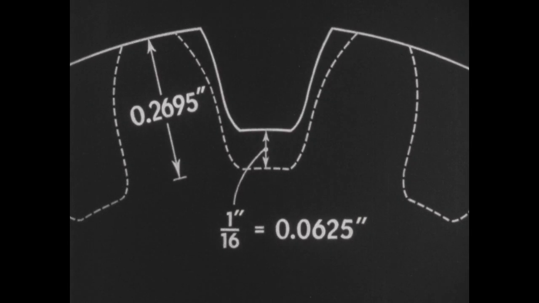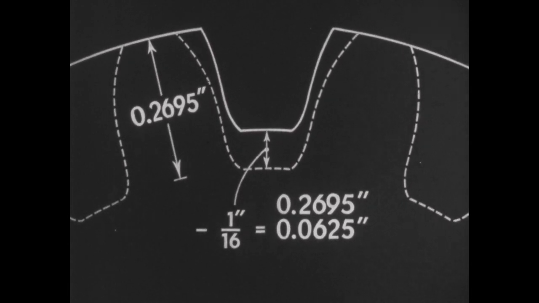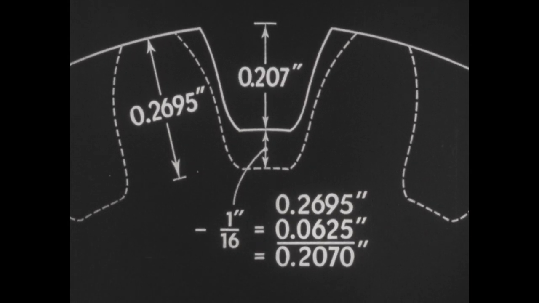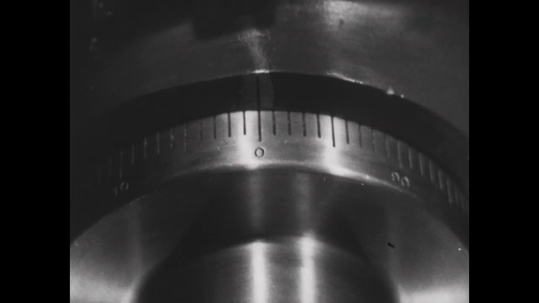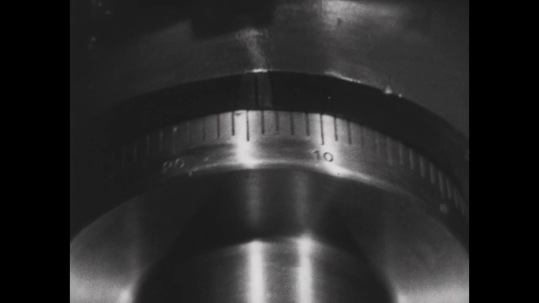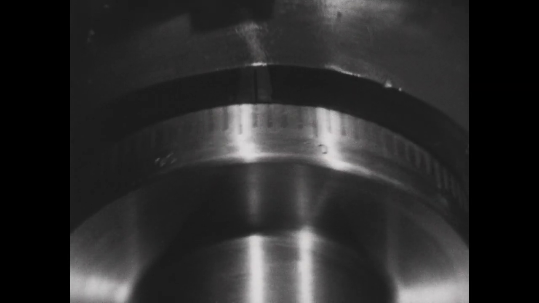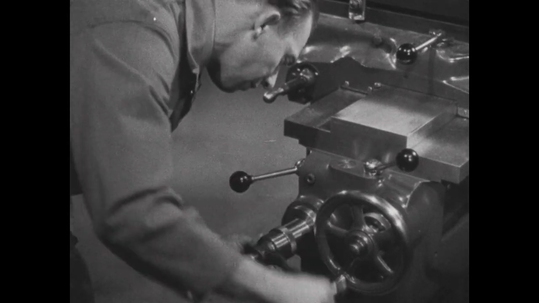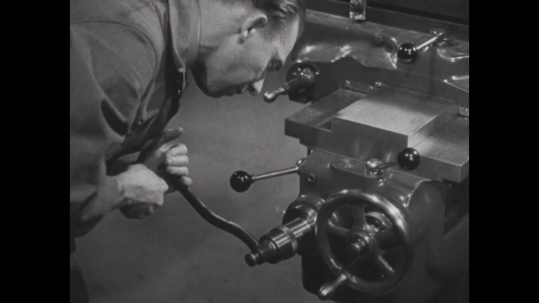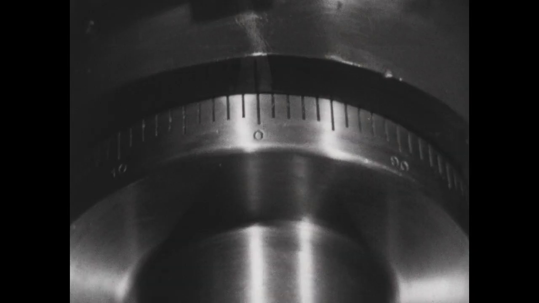Therefore, the first cut will be the full depth minus 1/16, or 207 thousandths. Each division on the vertical index dial represents 1/1000th of an inch. So the operator raises the table 207 divisions for the roughing cut.